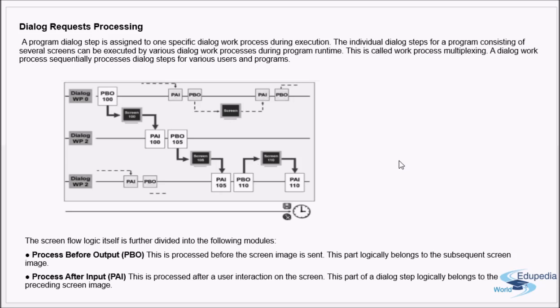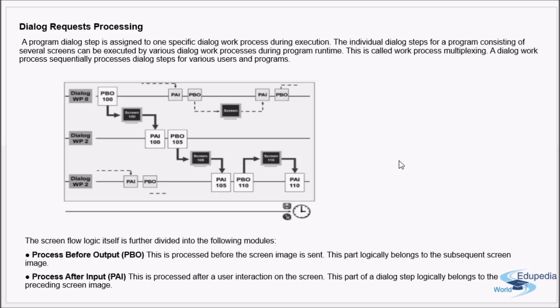in an ABAP program we can have n number of dialog steps. That means the program is divided into different subunits. The smallest one, which is indivisible, is termed a dialog step. Each dialog step in the program can be executed by a different work process.